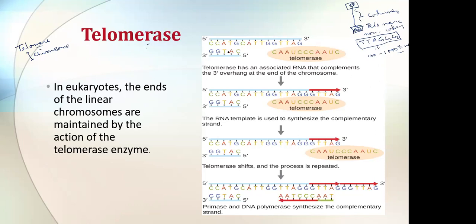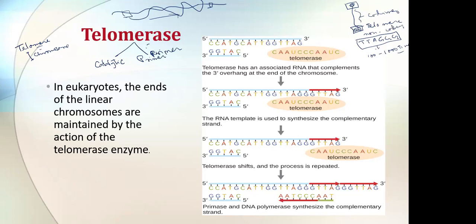Now, one enzyme is called the telomerase enzyme. It has two functions. It has one catalytic function, and another function is that it provides one RNA primer. So let's say when DNA is replicating, the polymerase is moving, it started from here and it is going.